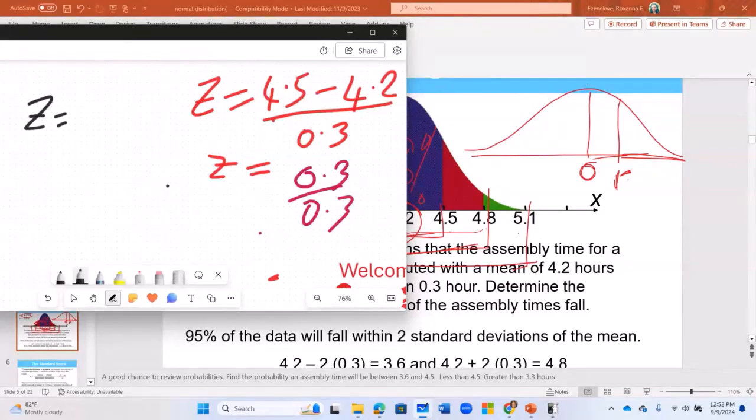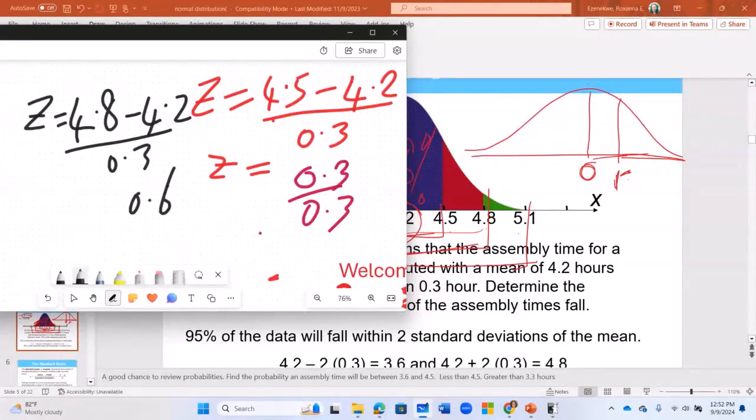So it is going to be value, and the value this time is 4.8, minus mean again, divided by standard deviation. 4.8 minus 4.2 is 0.6. After all, what did I add? 2 standard deviations.